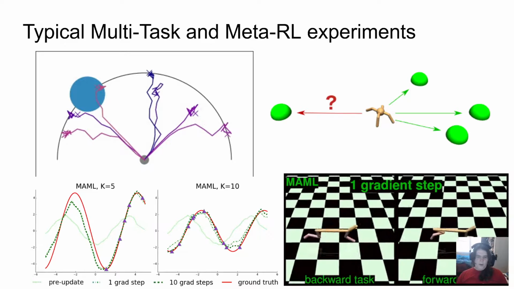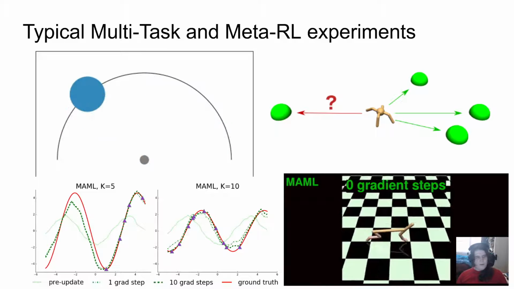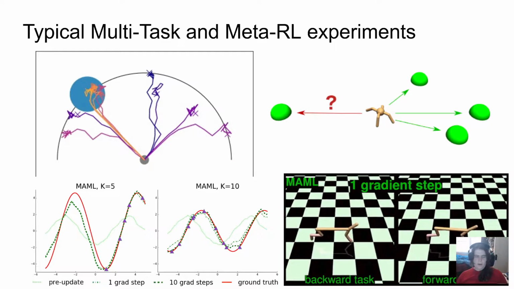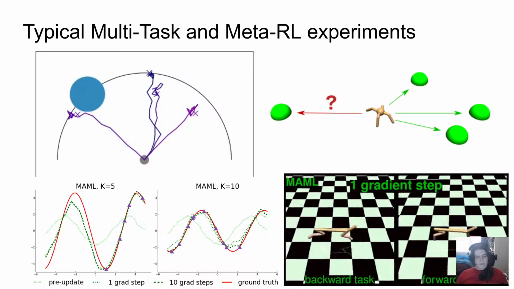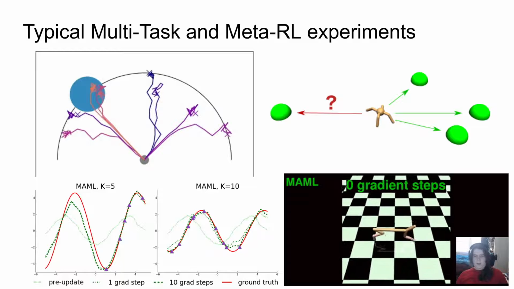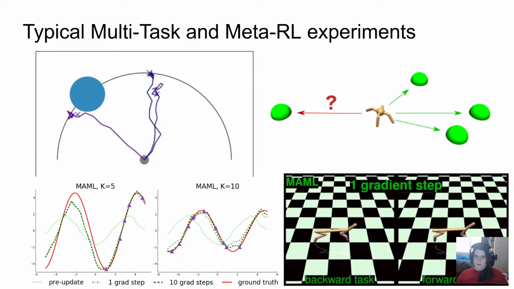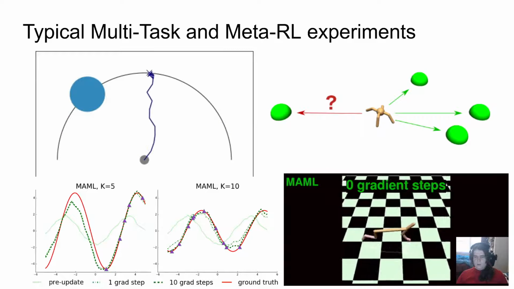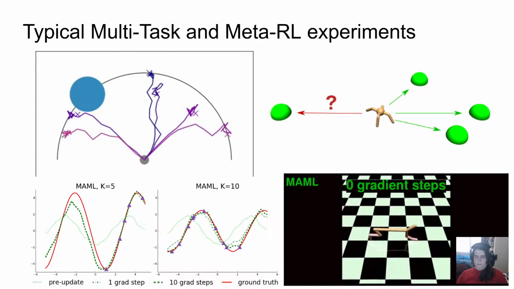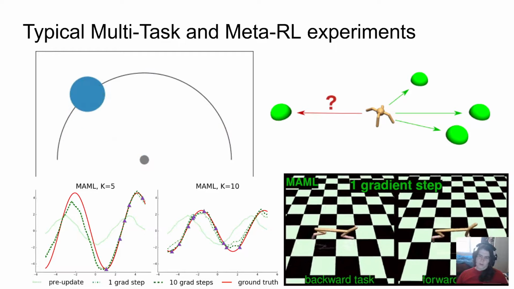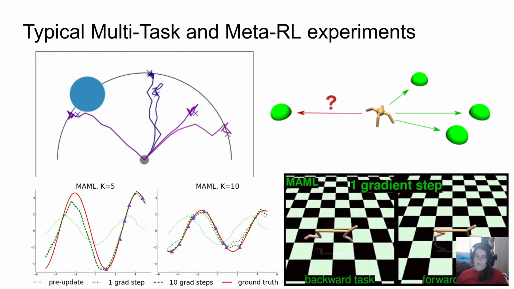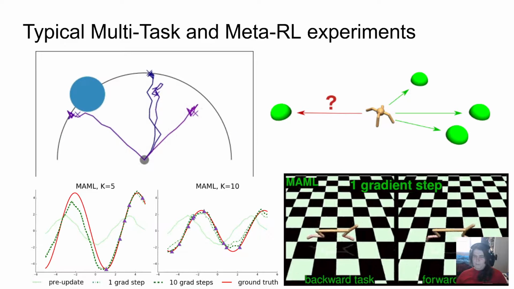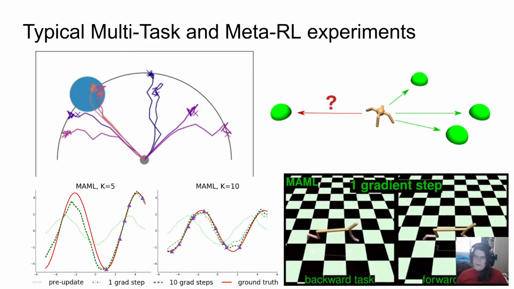On the bottom left corner here is a curve fitting variation, where the scale and phase offset of the curves varies as the task. On the right here, we have two tasks that are related of moving around a simple kinematic agent. On the top, we have this ant, and on the bottom, we have a half cheetah, which you can see has one of two directions to move in. Arguably, this is non-parametric, but in a very simple way.